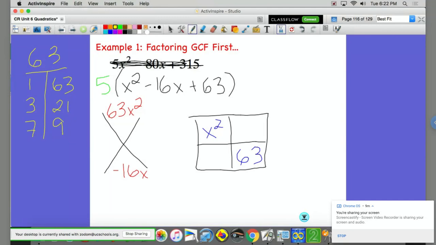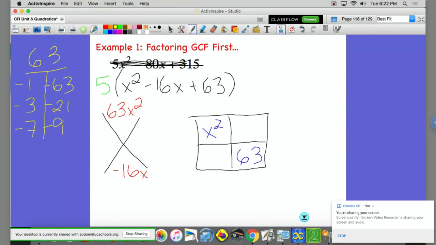So we got to pay attention at this point to our positives and negatives, both on the top of the x and the bottom of the x. So if our c is positive, but our b is negative, that means that both our factors are going to be negative.